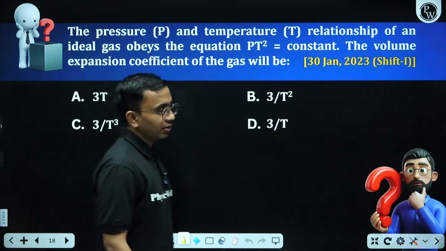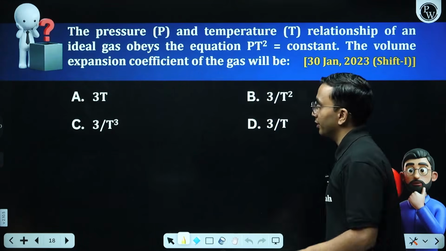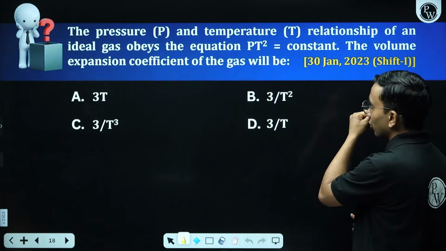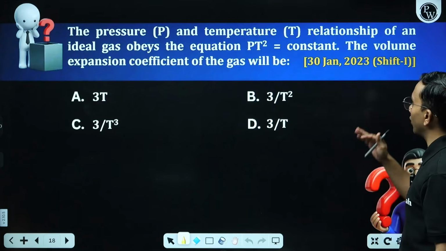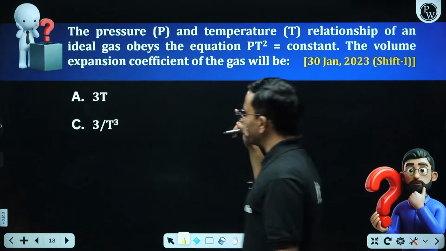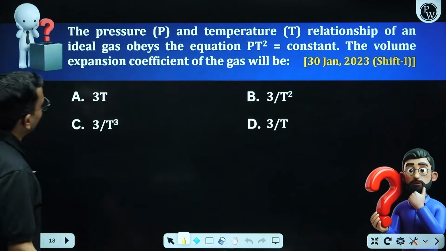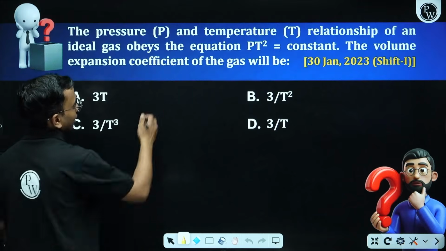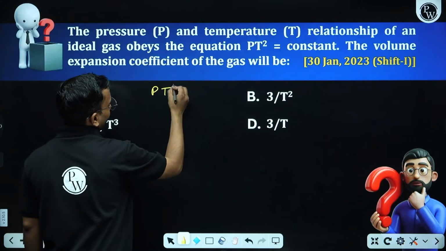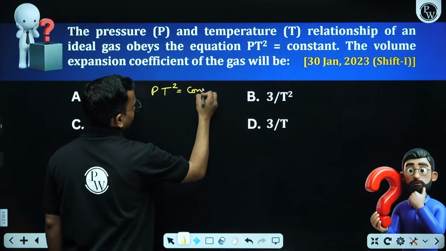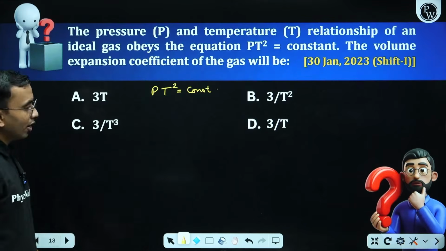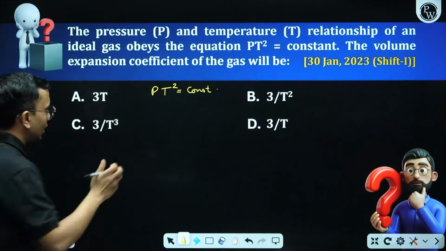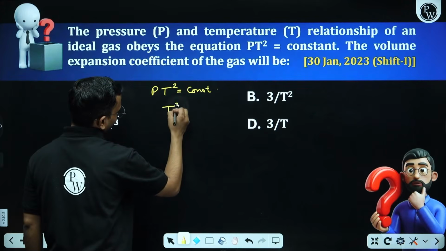Here we see this question was asked in 2023. Let us read it out. The pressure and temperature T relationship of an ideal gas obeys the equation P into T squared is equal to constant. Here the volume expansion coefficient of the gas will be? So PT squared is constant. Now I need only V and T, so pressure is proportional to T by V, so this will become T cubed by V is equal to constant.